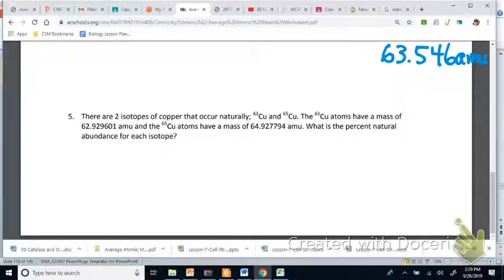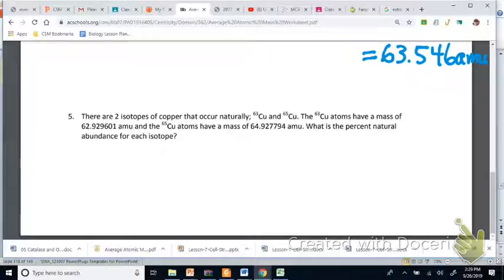This is equal to the percent abundance of copper 63 times the mass of copper 63 plus the percent abundance of copper 65 times the mass of copper 65.